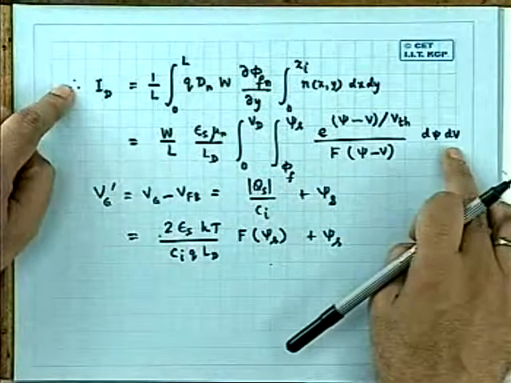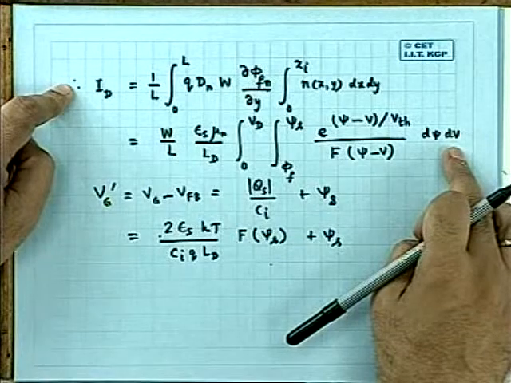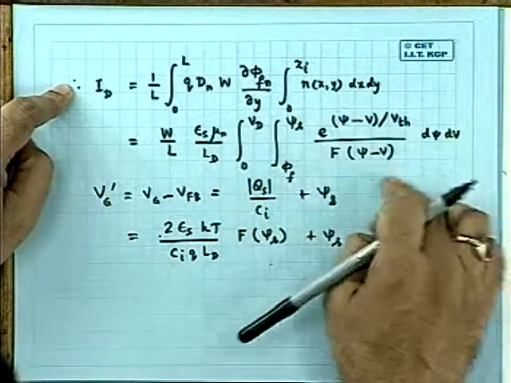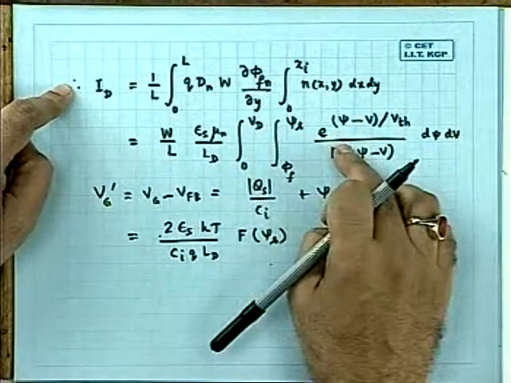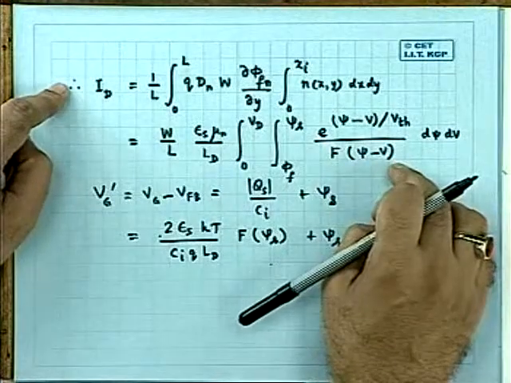So this equation is a more comprehensive model. Only thing is, this has to be done numerically or semi-numerically. This integration has to be done numerically. Numeric integration is much easier than using a finite difference or finite element technique, where convergence is a great problem.